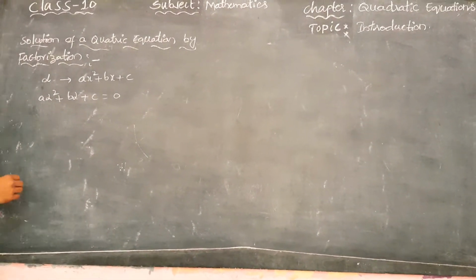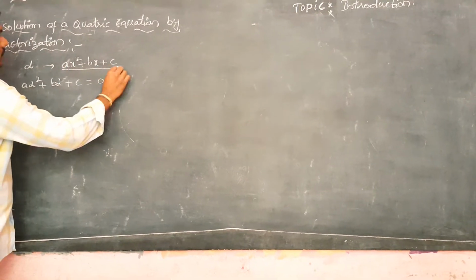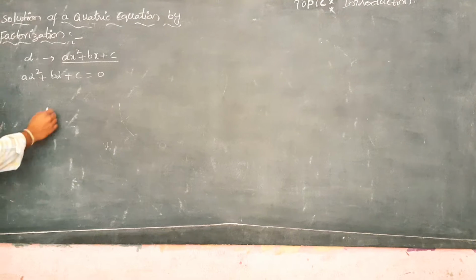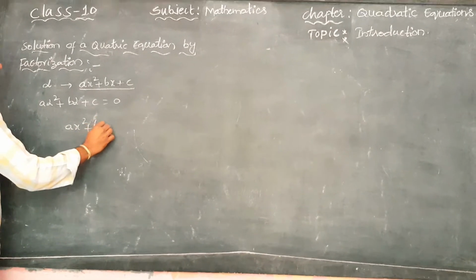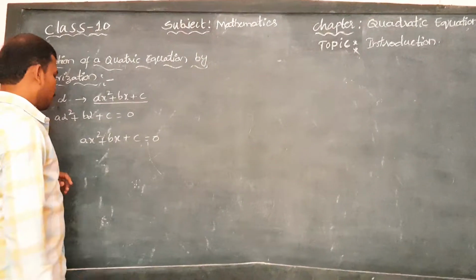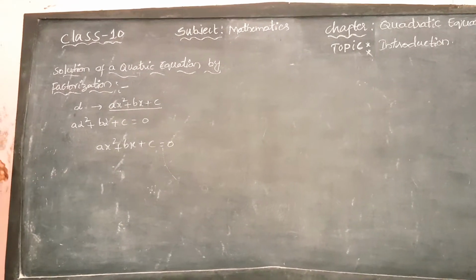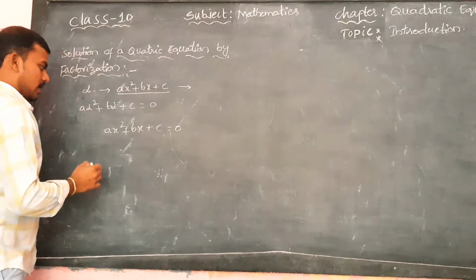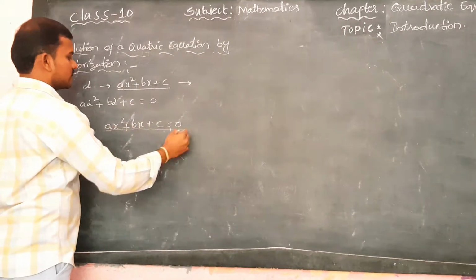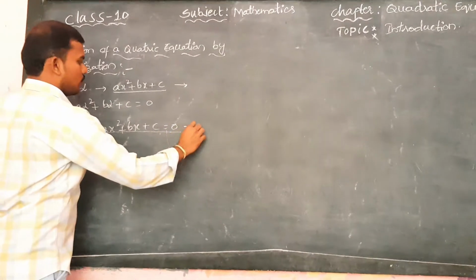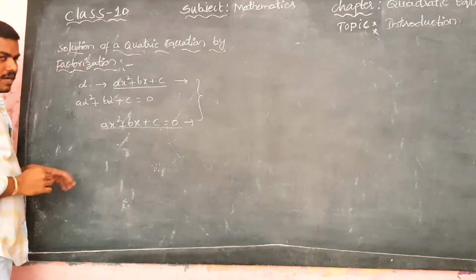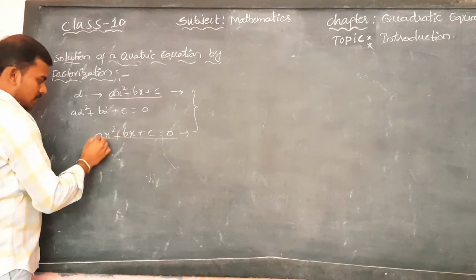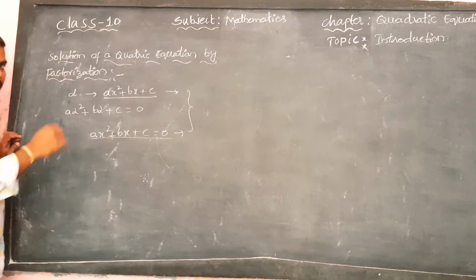The zeros of ax square plus bx plus c and the roots of the equation ax square plus bx plus c is equal to 0 are the same. So the number of zeros is the same.